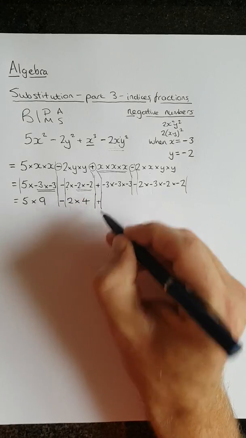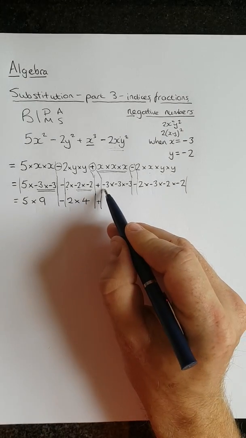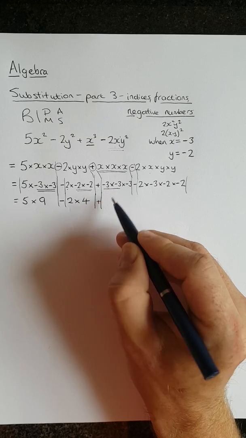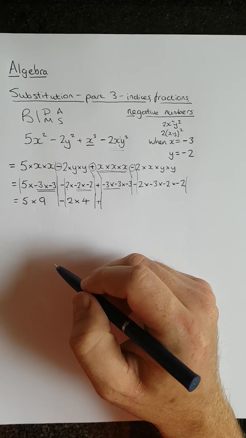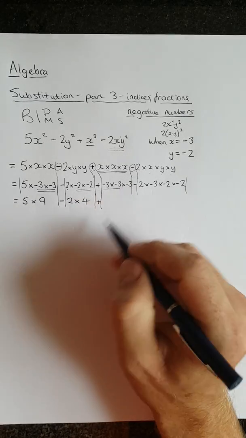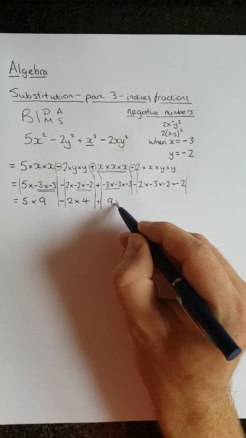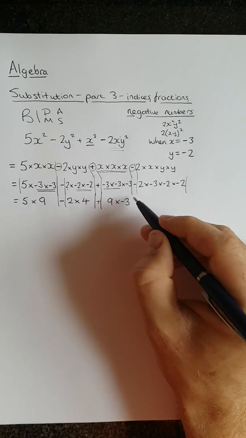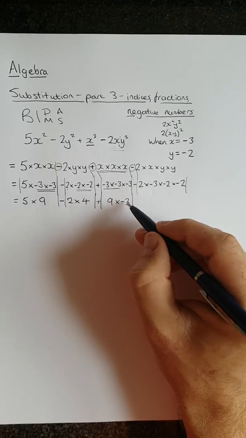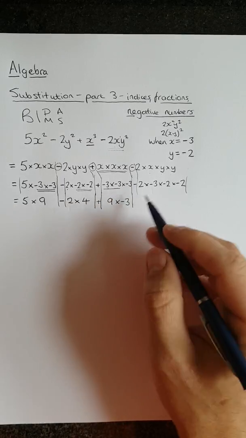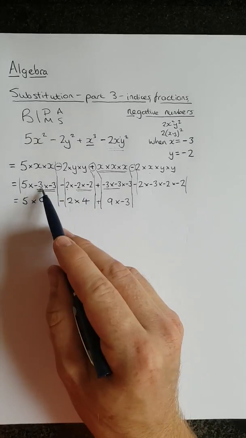Bring the add down for next time. -3 times -3. Well, that's 9. I'm going to write the multiply by 3 down afterwards and deal with it next, like I've done here and here.